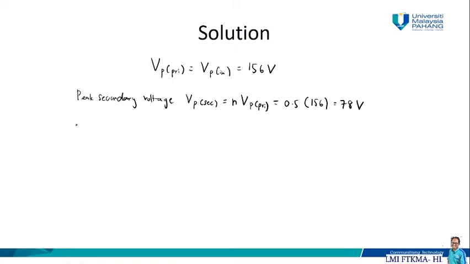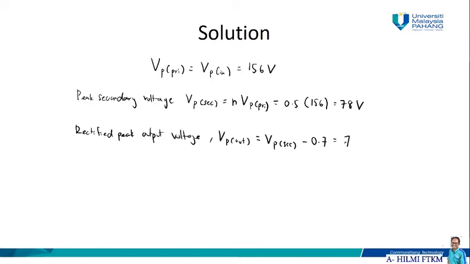And then we need to find the rectified peak output voltage, which is given by Vp out, the peak output voltage which has been rectified, equal to Vp secondary minus 0.7, the offset.